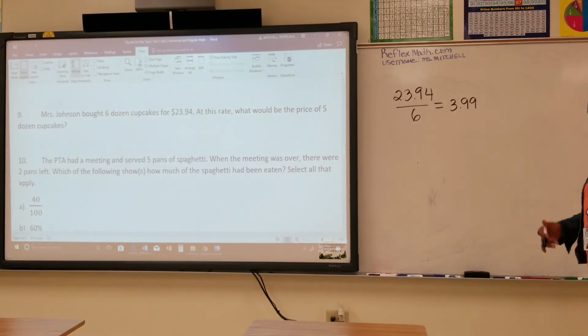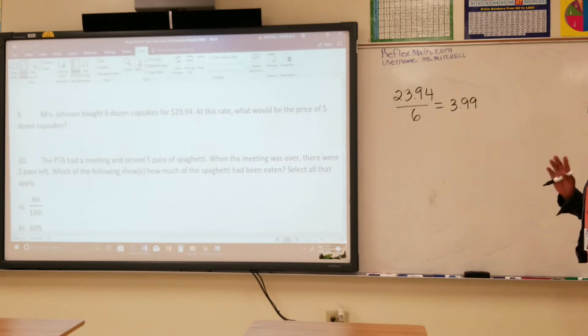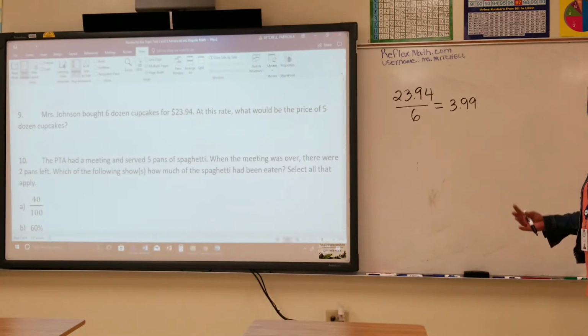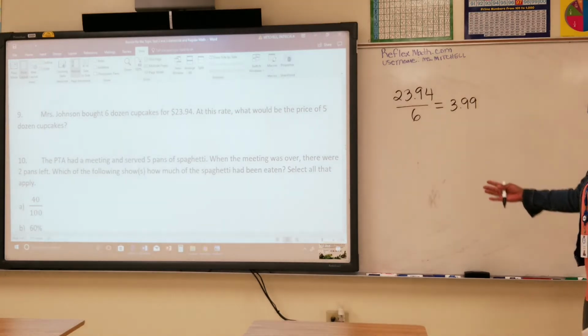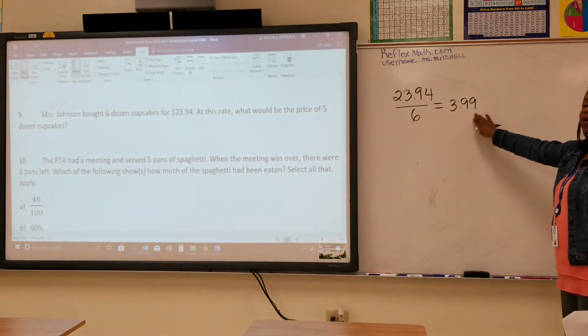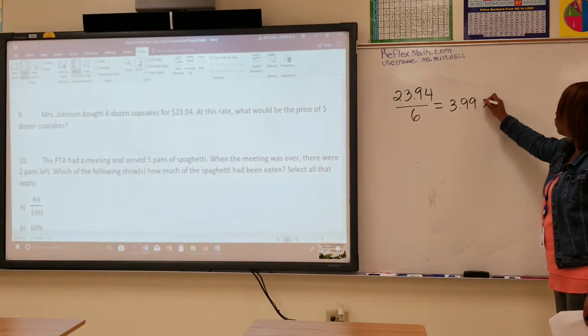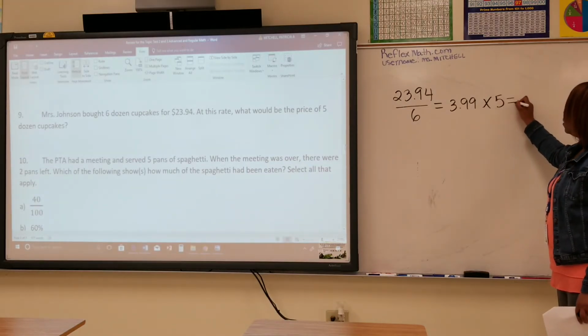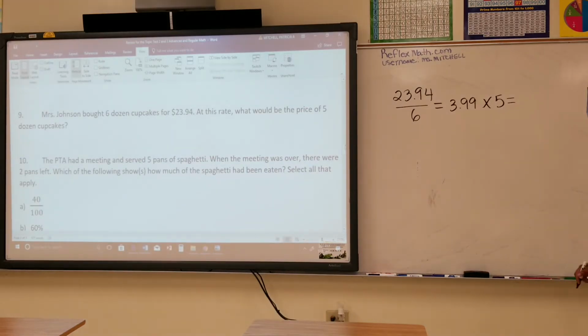So now we know how much 1 dozen cupcake costs, but that's not what they asked. They asked us, what is the price of 5 dozen cupcakes? Well, if you already know how much 1 dozen is, so now all we have to do is multiply by 5 to get how much 5 dozen are, which will be $19.95.